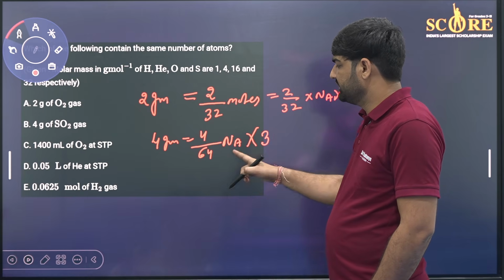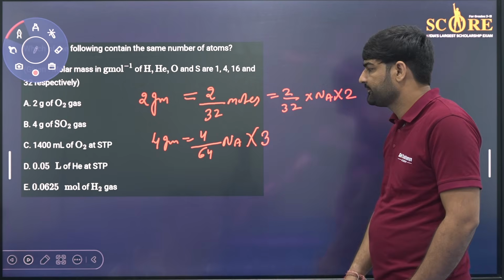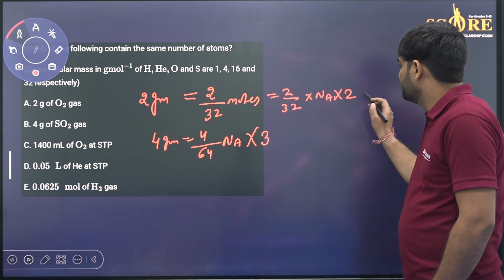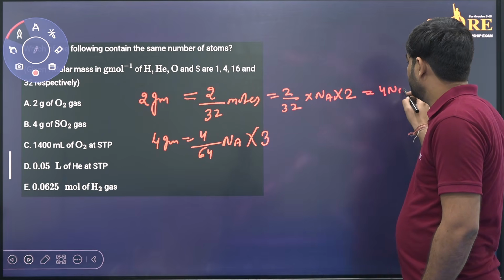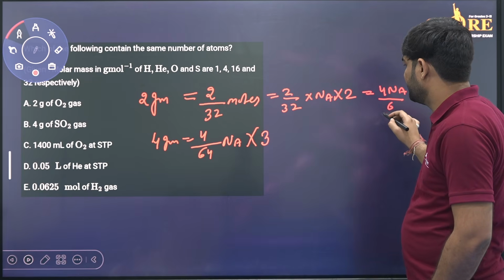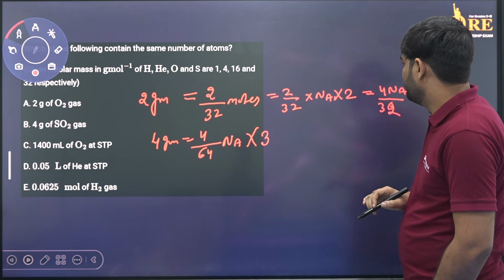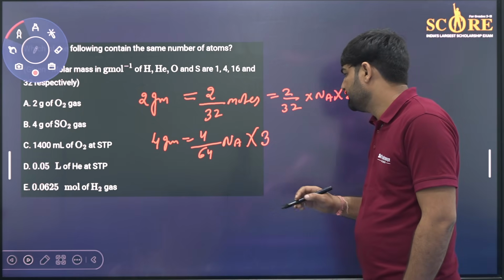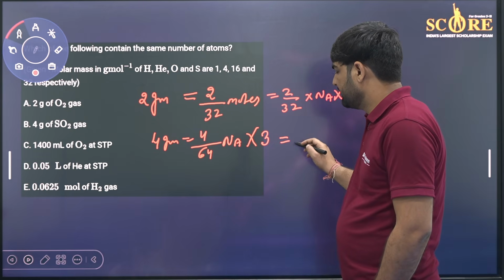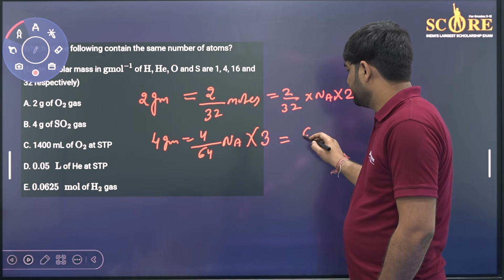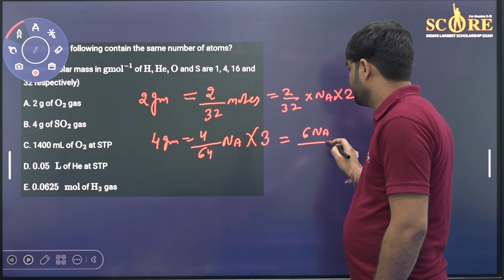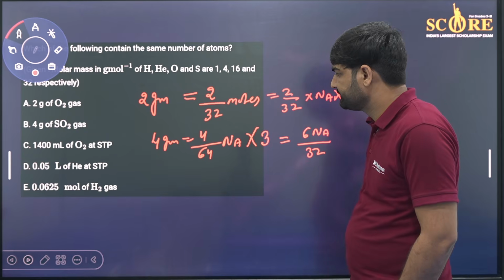Then we can say these are the number of atoms. So I think this is 4Na divided by 32, and this is I think 6Na divided by 32. Okay.